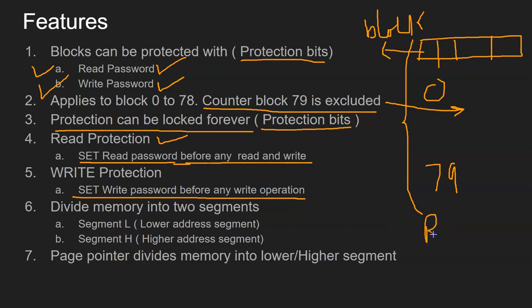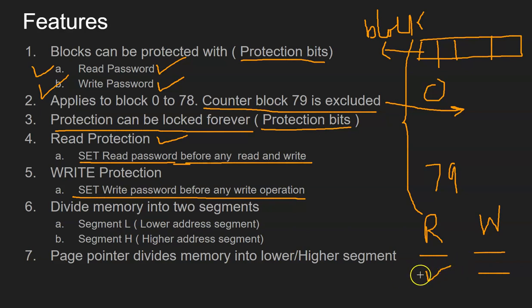Assume that you have a read password and a write password. If nothing is set, anybody can go and read, write or change the block at any time. If only the read password is set, before you do any read operation you must send the read password, and before any write operation you're still going to use the same read password.